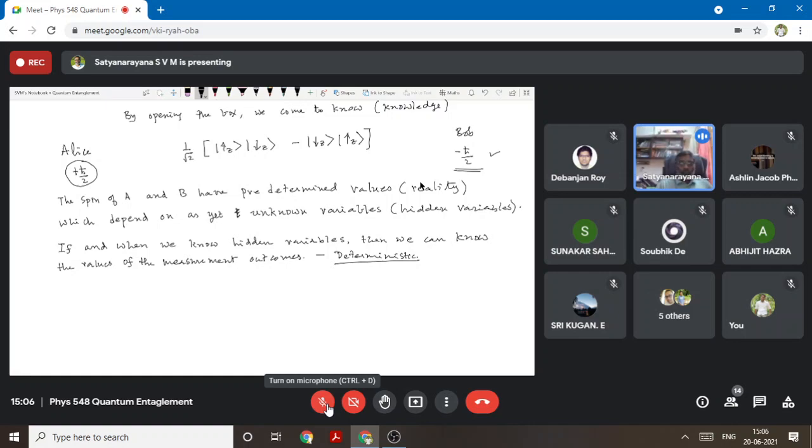But in 1964, John Bell had a very intelligent and very bright idea, which gives you a way of testing whether quantum mechanics is a final theory or not, or whether a hidden variable theory can replace quantum mechanics or not. Okay, so that is very important.